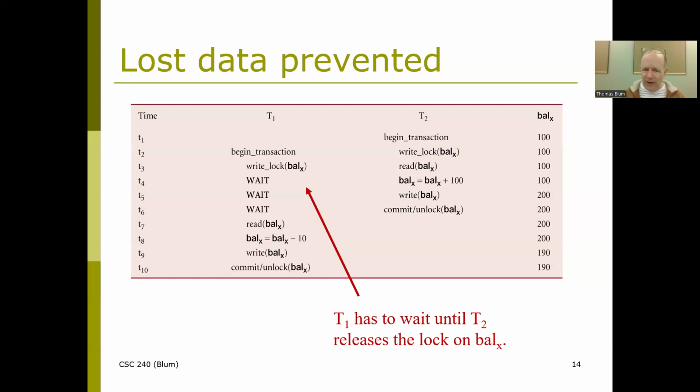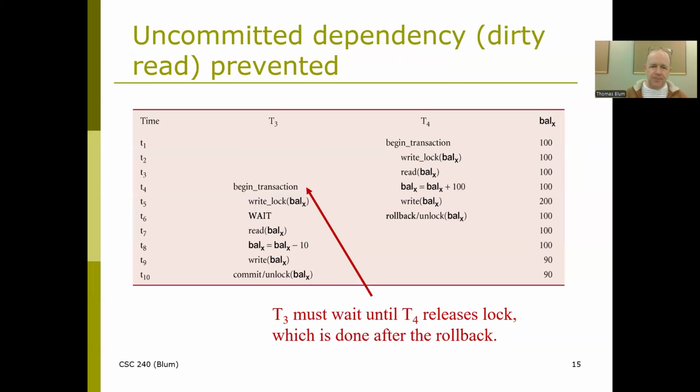And so we see the wait, wait, wait. I requested the lock where I'm going to change balance X, and I must wait until transaction two has finished. So I'm forcing the serialization. The locking has forced the serialization of the transactions so that transaction two has happened, we're back to a consistent state, then transaction one happens.